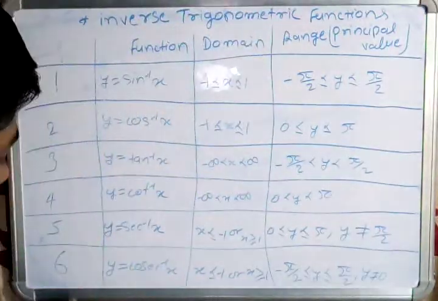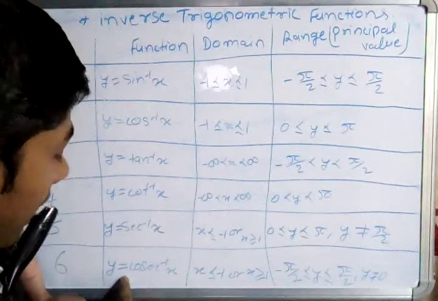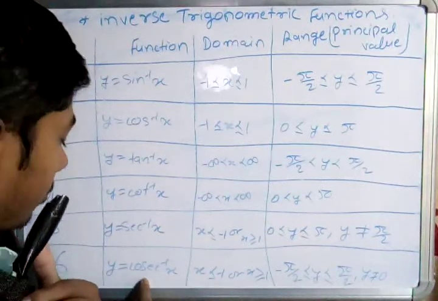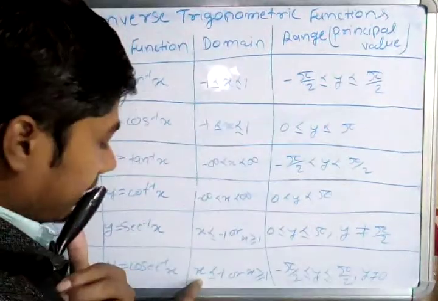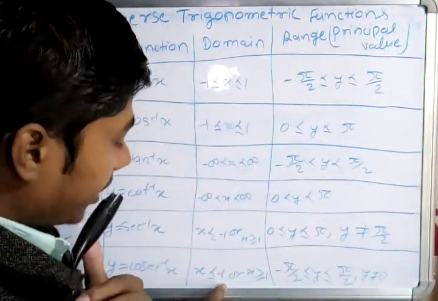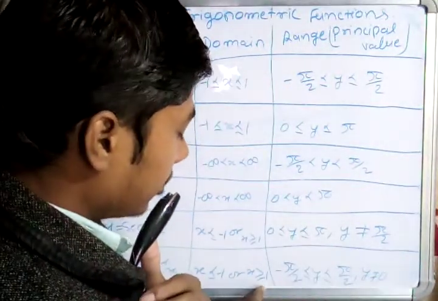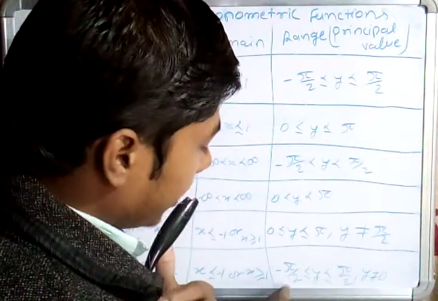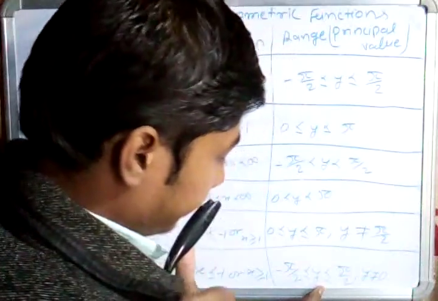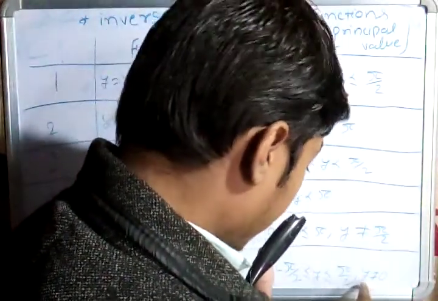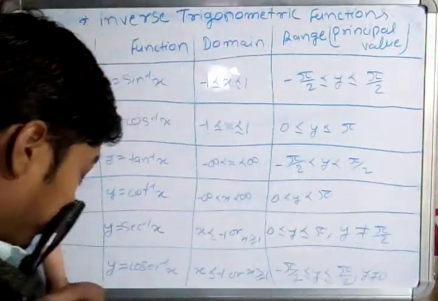And the last function, y is equal to cosec inverse x: domain x less than or equal to minus 1 or x greater than or equal to 1, range minus pi by 2 less than or equal to y less than or equal to pi by 2, y not equal to 0.